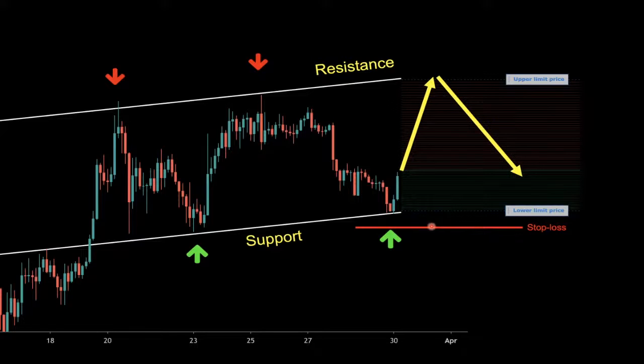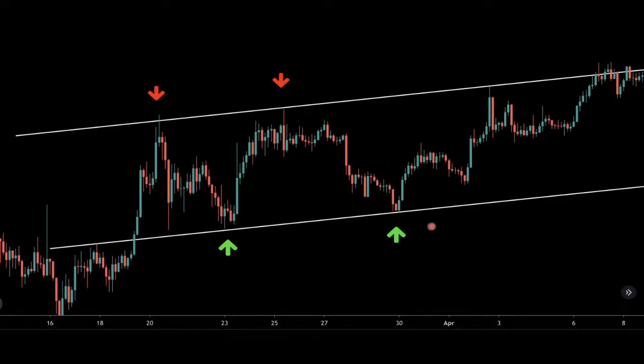So that's the basic principle. Use stop loss each time you are trading with automated algorithms. And you see, here's the exact moment where we launched the bot and it went upwards, retest, downwards, and you see retest again.